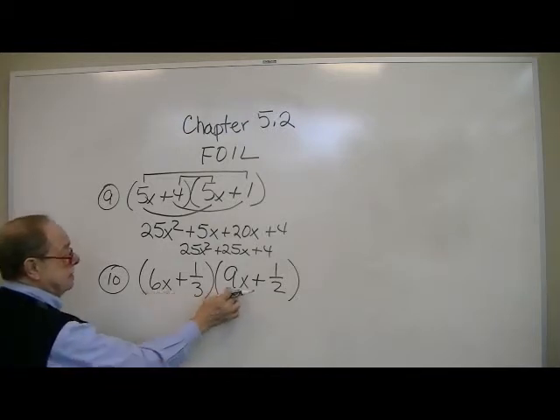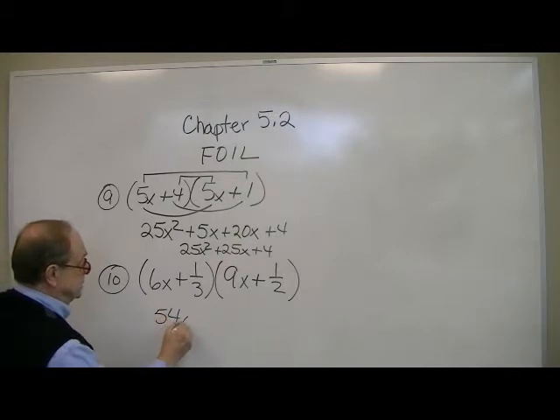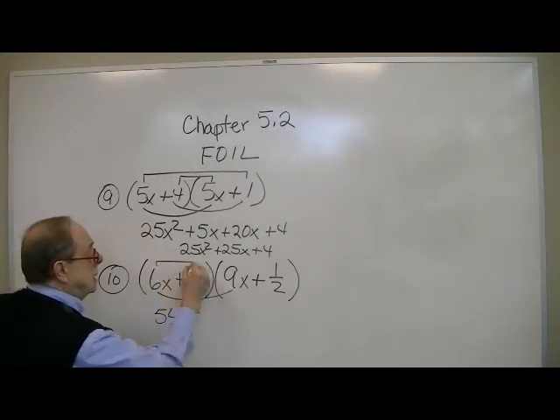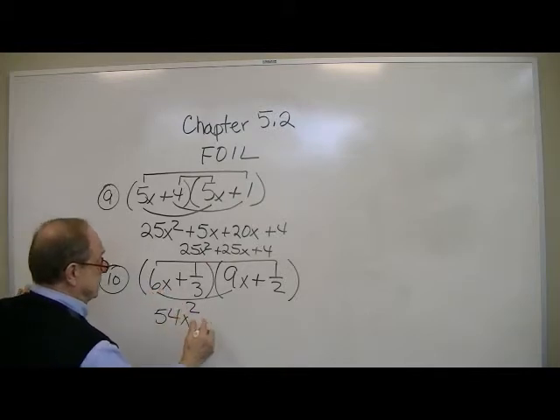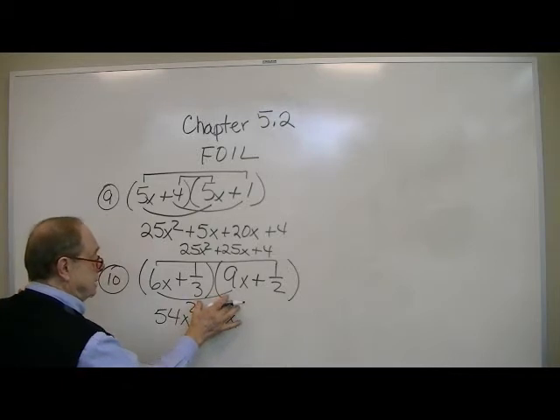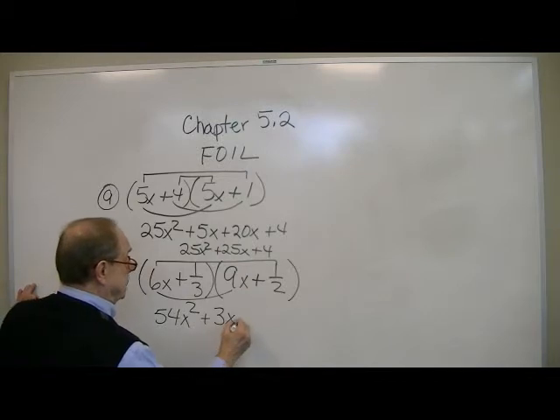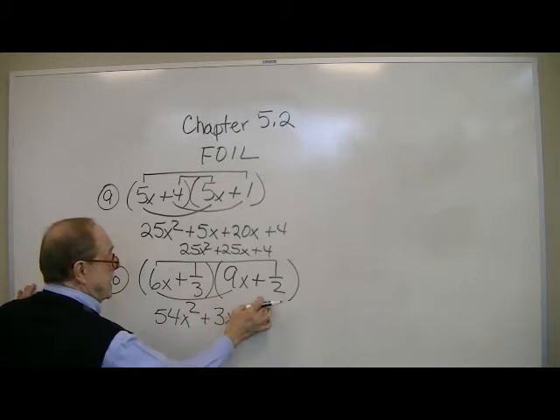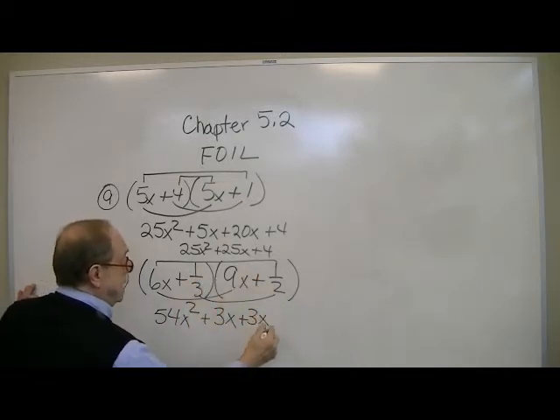All right, 6x times 9x is 54x squared. Outers is 1/2 times 6x. Inners, 1/3 of 9x will be 3x. And then last, 1/3 times 1/2.